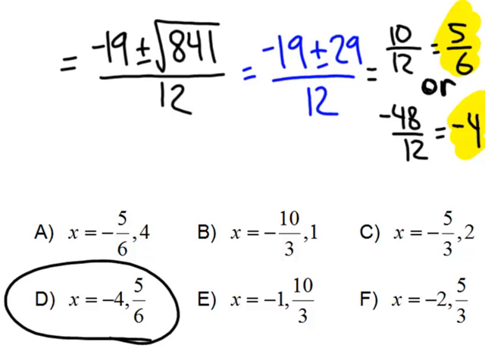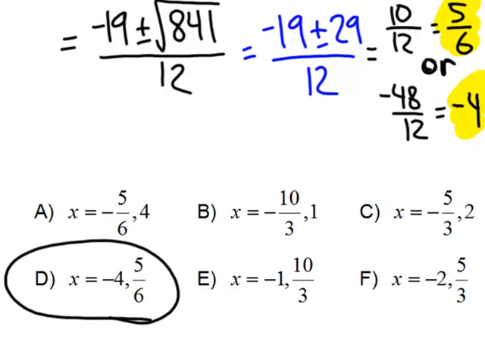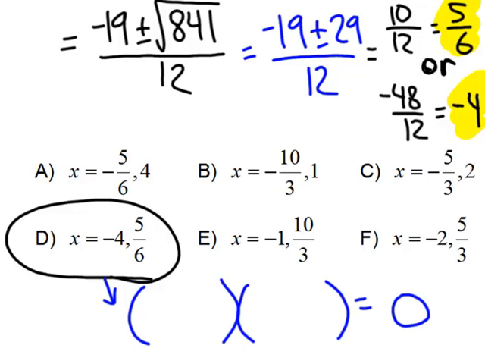I would like to point out that if we had gone the factoring route, I said at the beginning that I really liked factoring as my favorite approach to this problem. If we had gone the factoring route, that would be consistent with this binomial factorization. So the negative 4 suggests that x plus 4 is one of our factors.